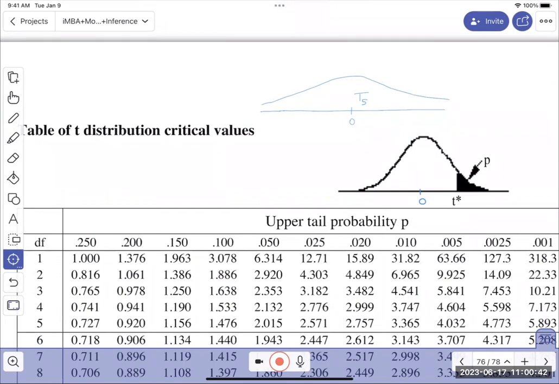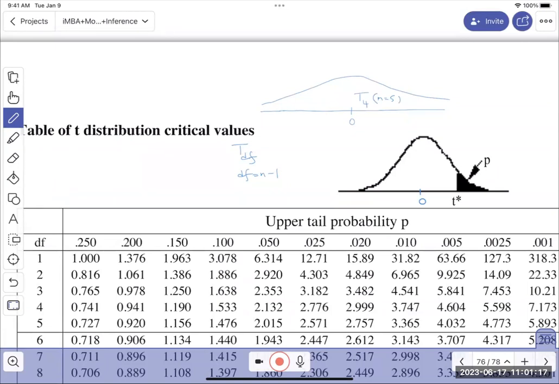You write it like T sub degrees of freedom, where degrees of freedom is equal to n minus 1. So let's do T of 4, so n is 5. In this one, n is equal to 5. Okay, so there's 5 observations. This would be the distribution.